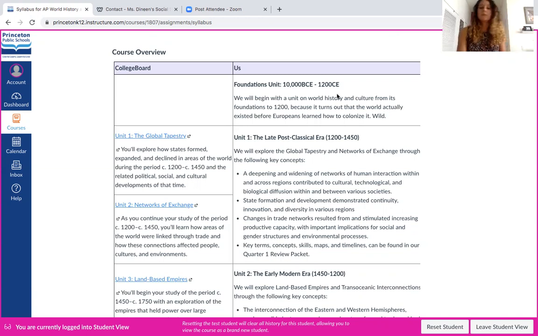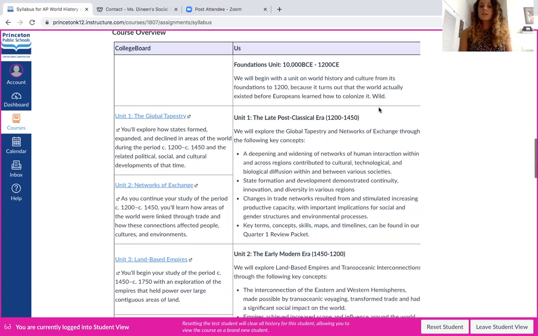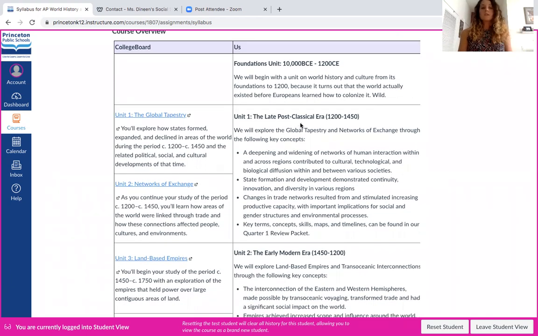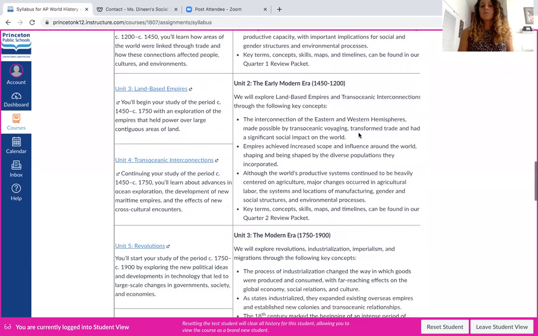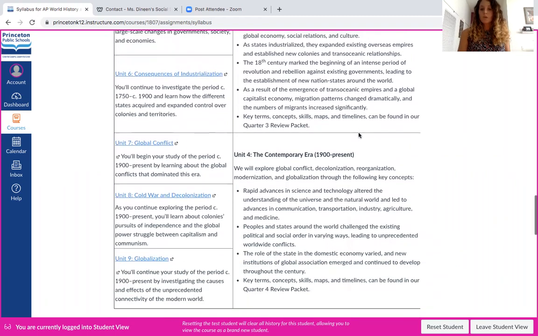So for the first few weeks of our course, we're on this foundations unit, and then sometime in October, we'll start with our first unit in the late post-classical era. And each unit, more or less, will line up with a different quarter.